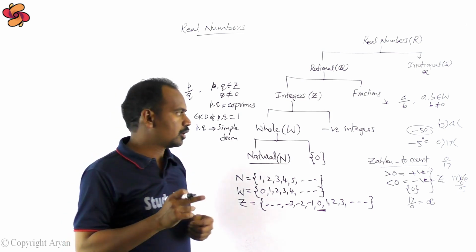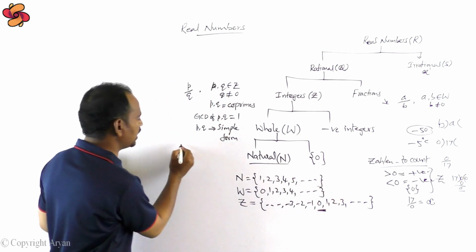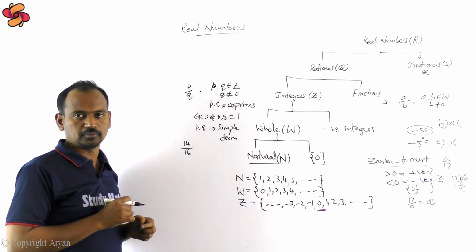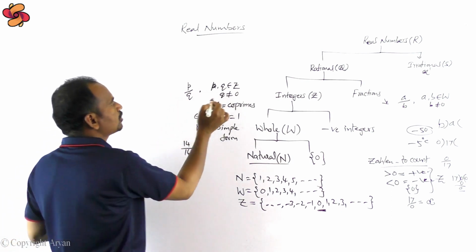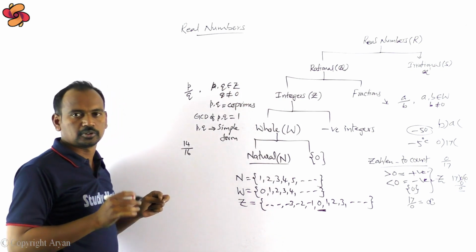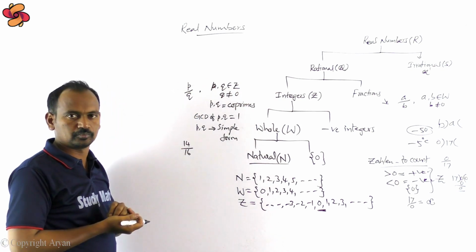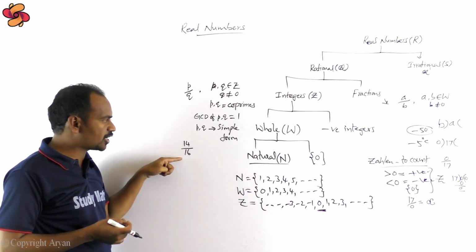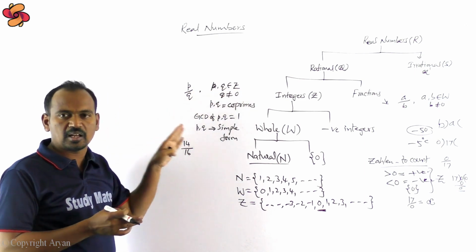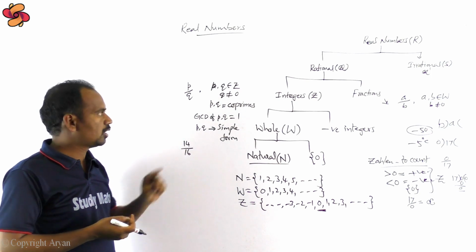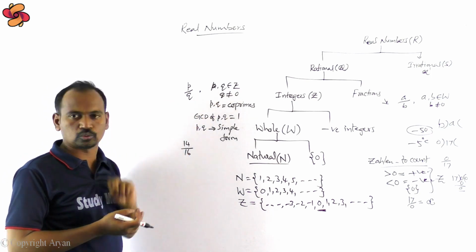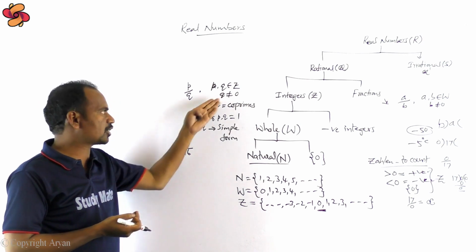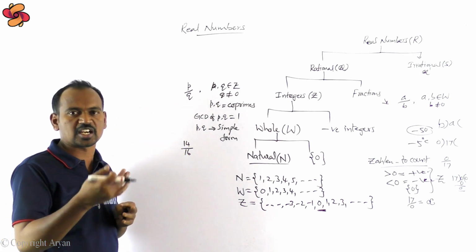So if you have 14 by 16, let us check these three conditions. Here, P, Q belong to Z: 14 and 16 are both integers. The second condition, Q not equal to 0: here 16 is not equal to 0, so it is satisfied.